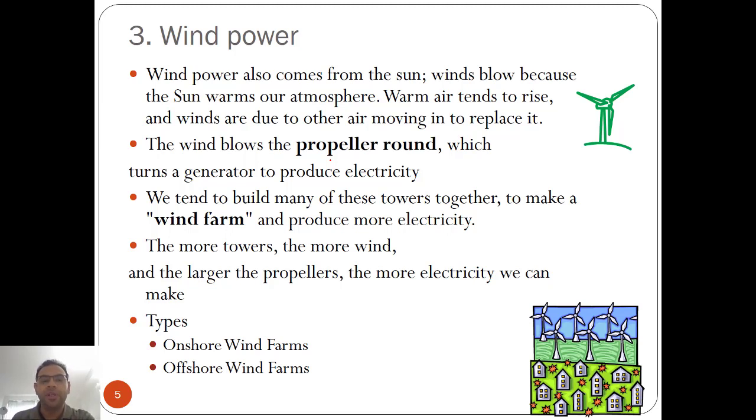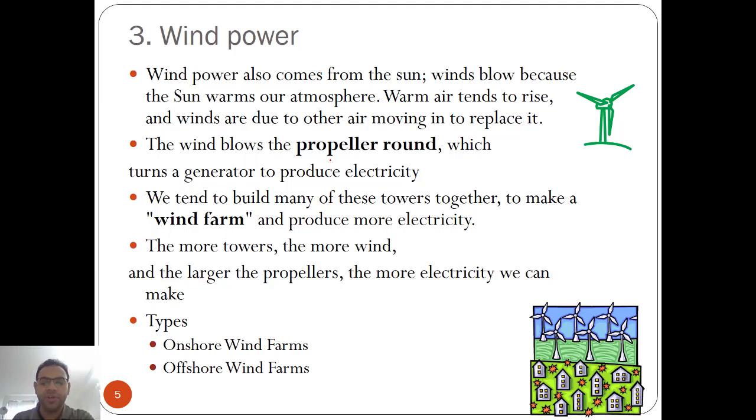So if there is only one wind turbine, we can call it a wind turbine conversion system. But if there are multiple wind turbines connected in series or parallel, that makes a wind farm. In order to generate more power, in the range of megawatts, we need to connect more wind turbines in series and parallel with each other to make a wind farm.